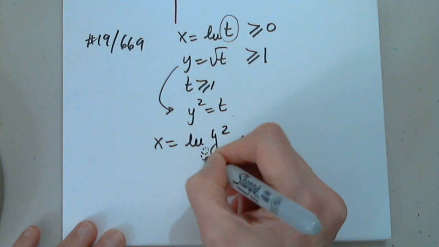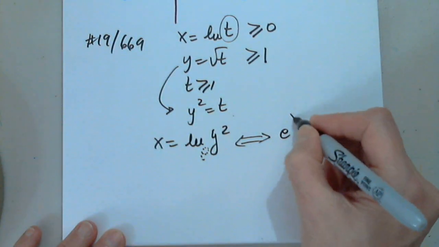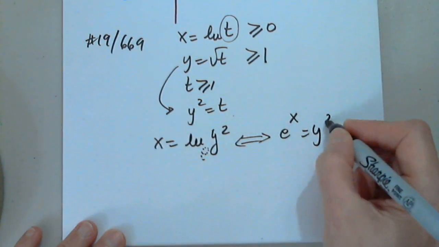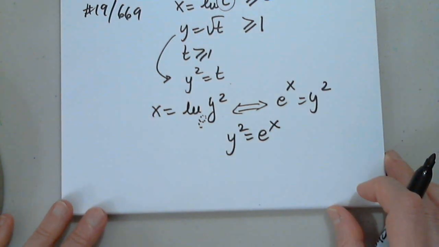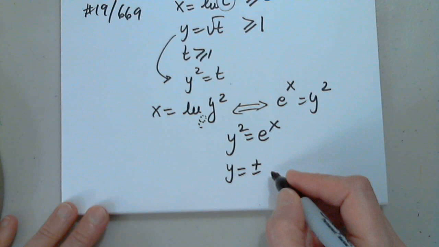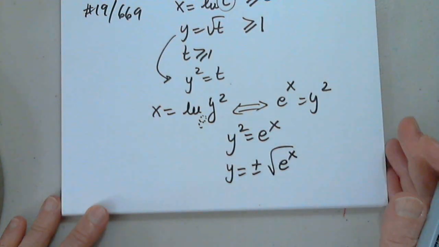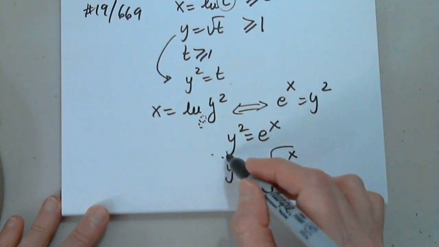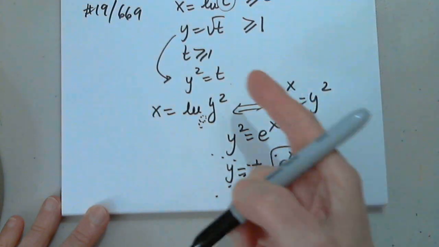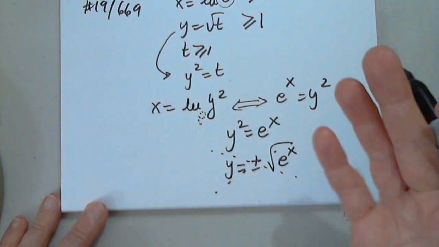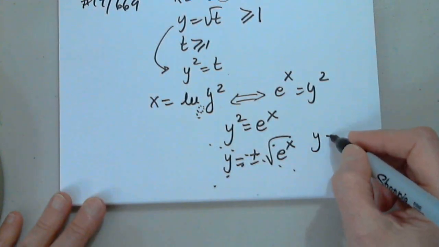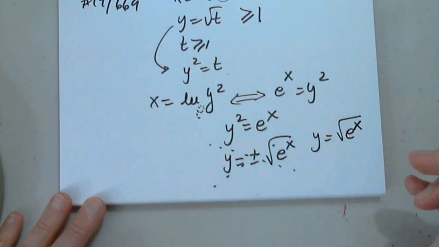Remember, the base here is e, so e to x equals y squared, or y squared equals e to x, or y equals plus or minus the square root of e to x. Not so fast, because I cannot include negative. Clearly, y is a positive number greater than or equal to 1. So then y equals the square root of e to x.